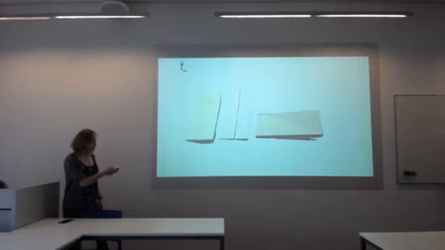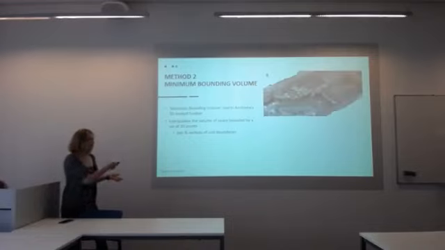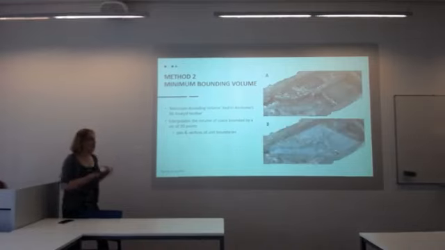Okay. The next method that I found was the minimum bounding volume method. This relies on a tool where, if you have points, you can automatically create a form around those points, and it uses those points as the vertices of the polygon that it creates.